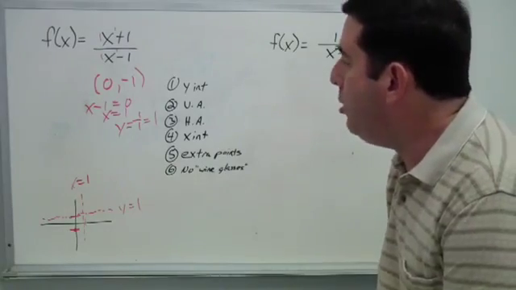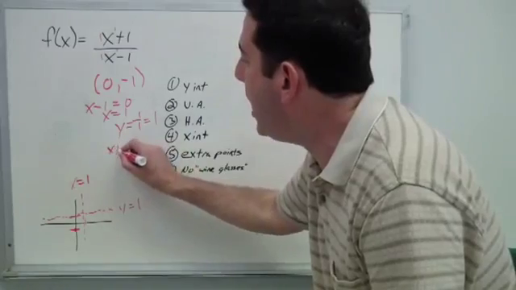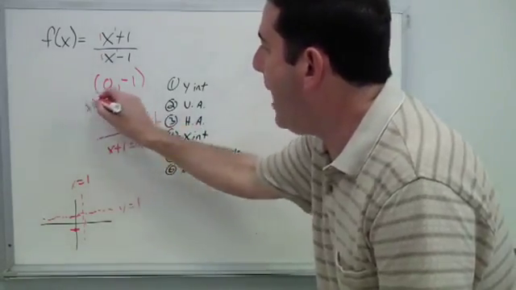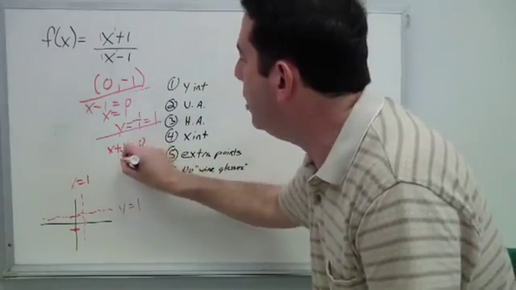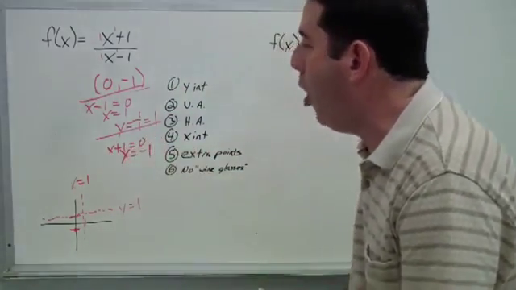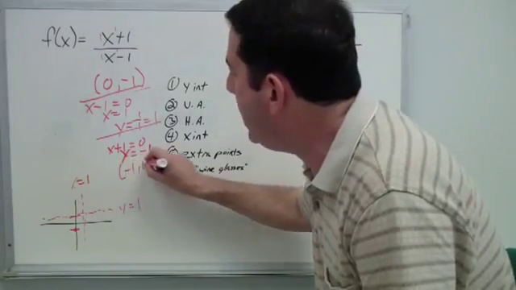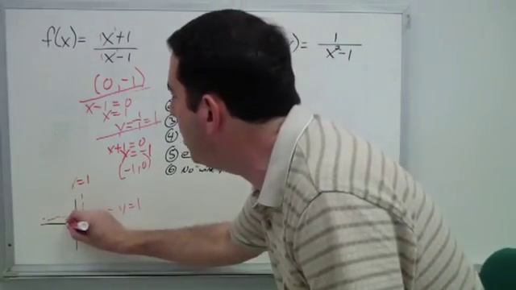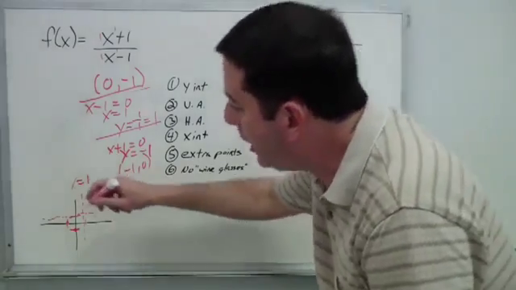The next thing to do is the x-intercept. That comes by taking the top and setting it equal to 0. If I do that, it looks like negative 1 would be our x-intercept. So negative 1, 0 will be a point that's part of our picture. Now I can already tell what that side is going to look like.